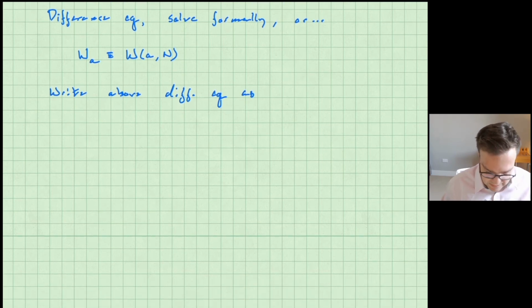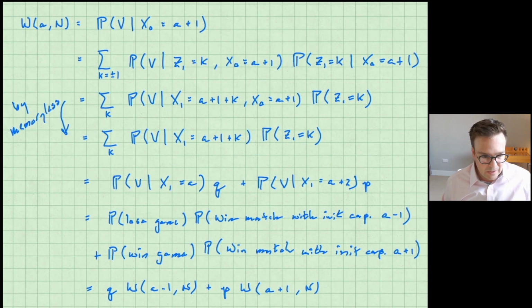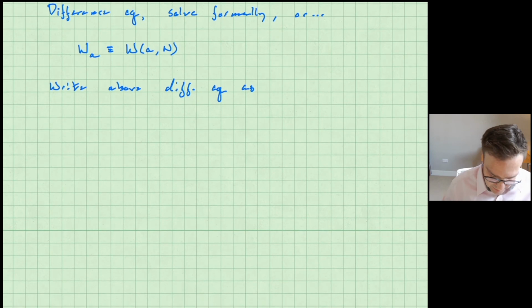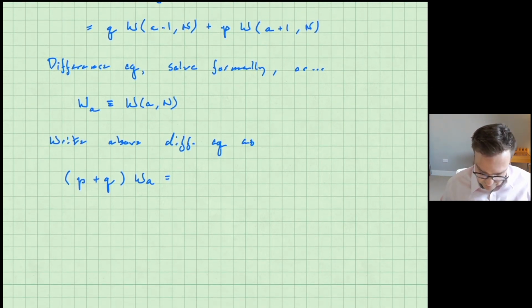We'll say the left-hand side is W sub A, and we're going to cleverly multiply that by 1, ingeniously, P plus Q times W A, so that the P plus Q is just 1 there. And then we've got Q times W A minus 1 plus P times W A plus 1.